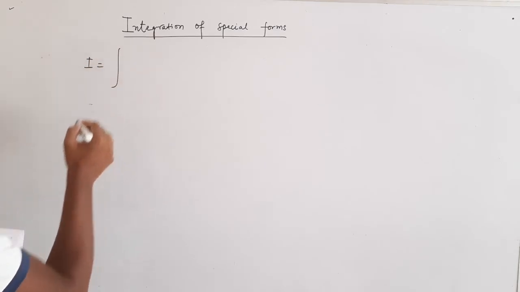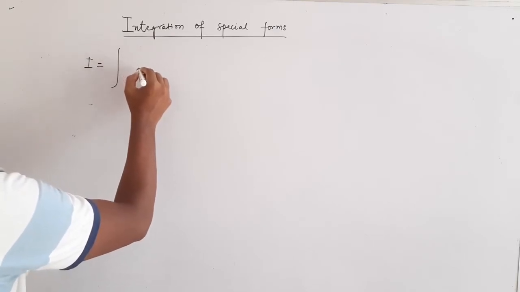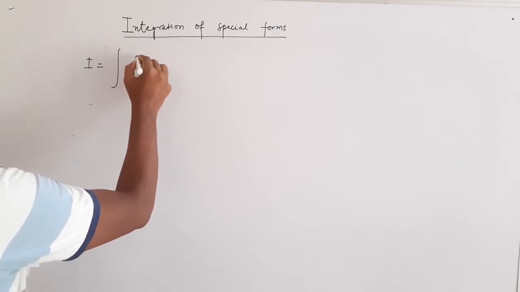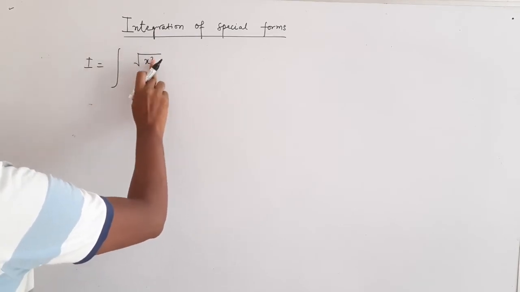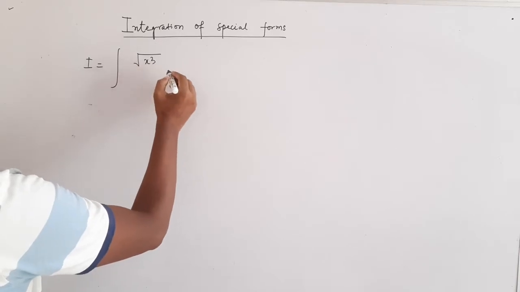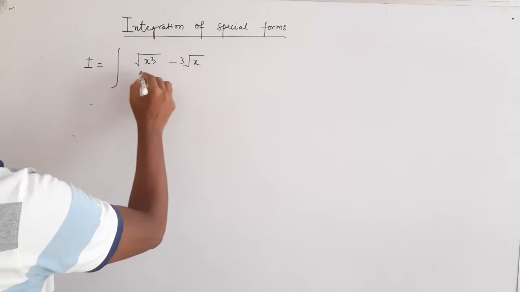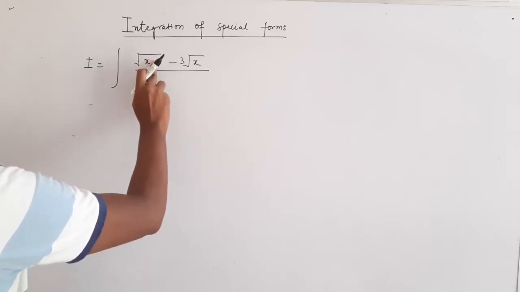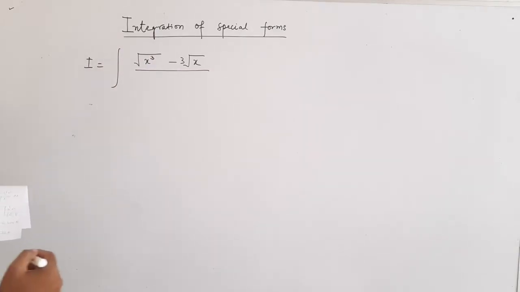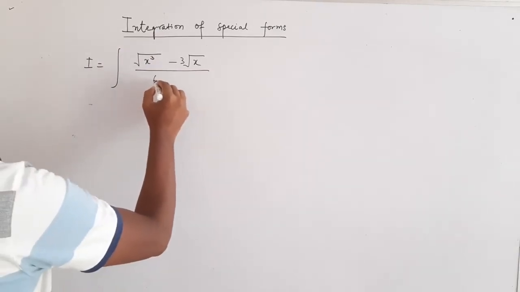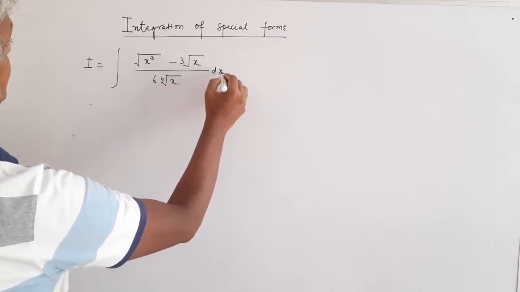I is integration of square root of x cube minus cube root of x over 6 times fourth root of x dx.